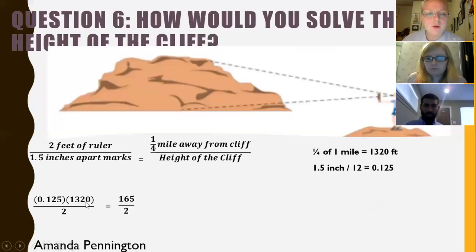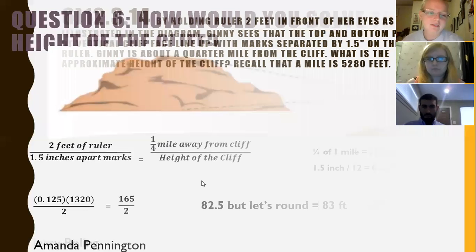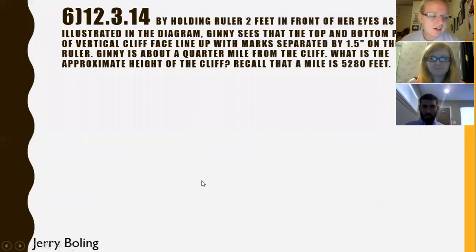When you write it as 0.125 times 1,320, you get 165. Then we divide that by 2 because of the ruler, and that will come to 82.5, but we're going to round that, and it's going to be 83 feet. All right, thank you for explaining that to me. I understand a lot better now. Well, good. Thank you. You're welcome.